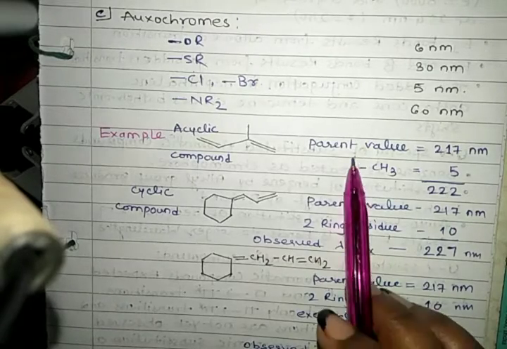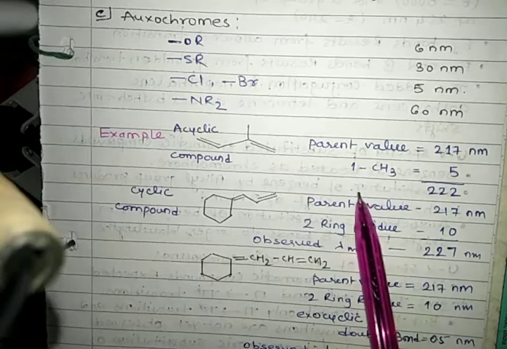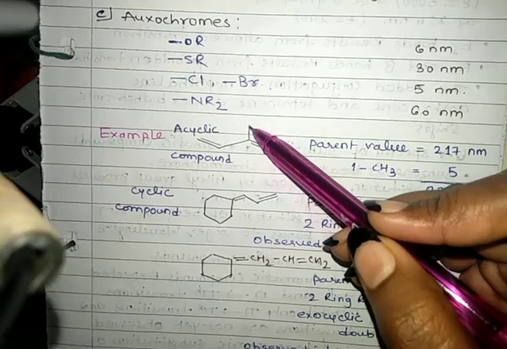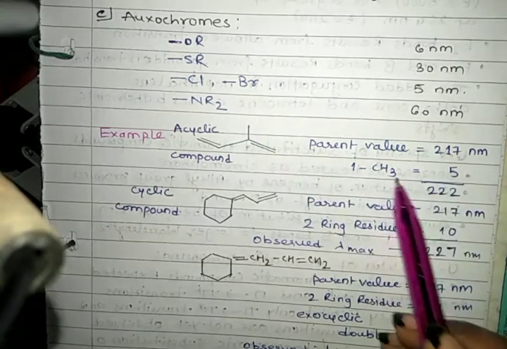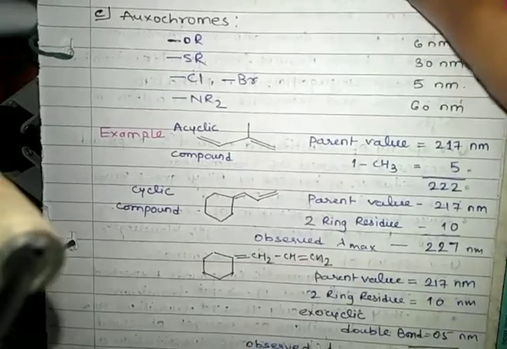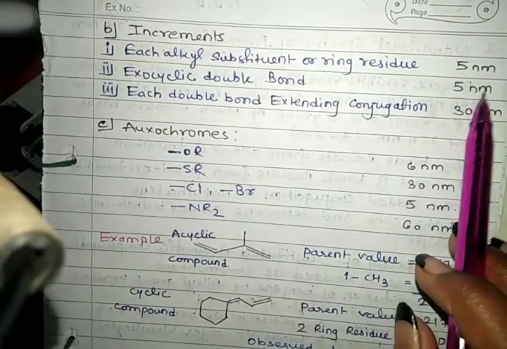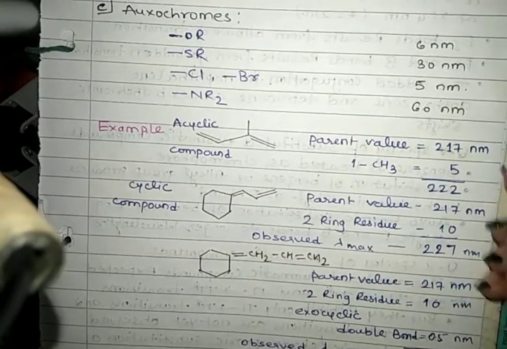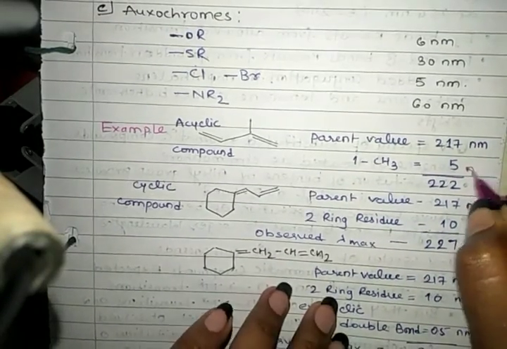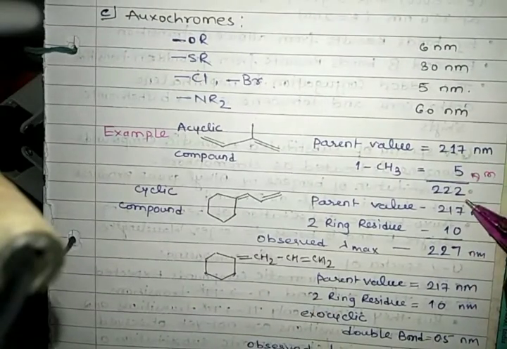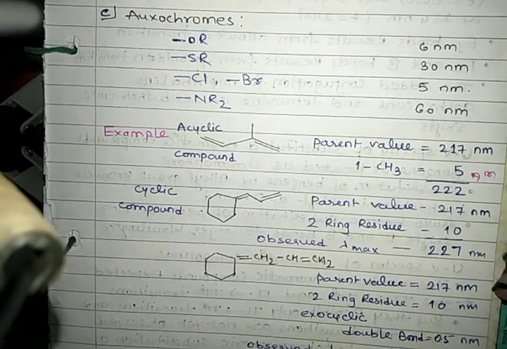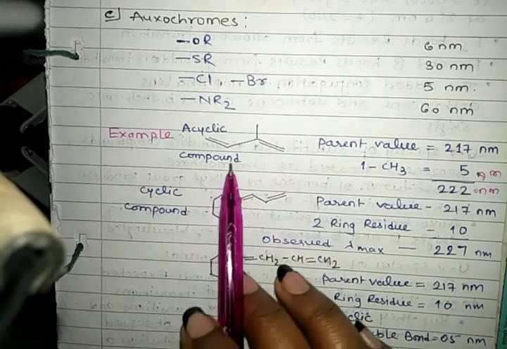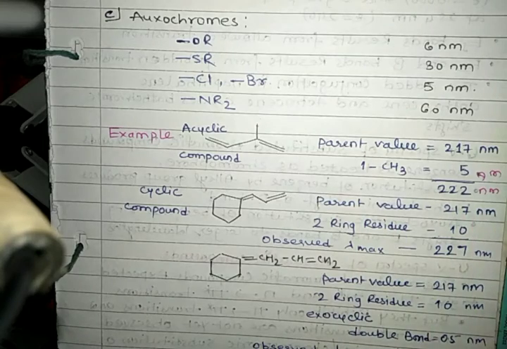So we take parent value 217 nanometer, and there is one substituent, an alkyl group, CH3 group. This shows 5 nanometer, so we add 5, and in total we get 220 nanometer. So this compound absorbs at 220 nanometer.